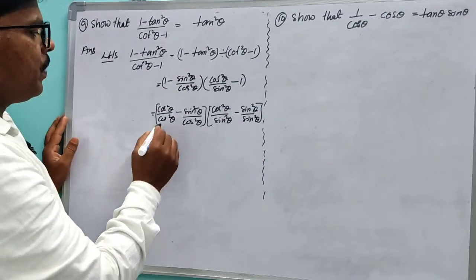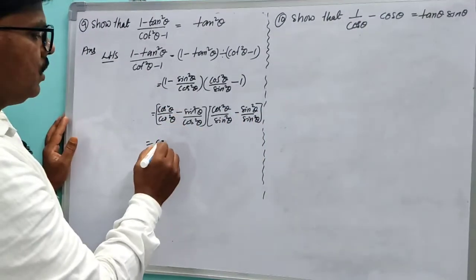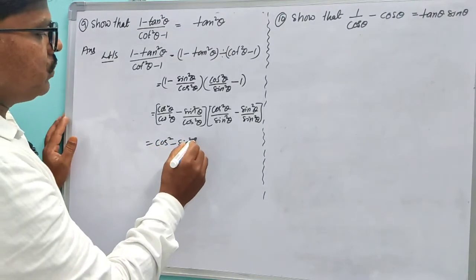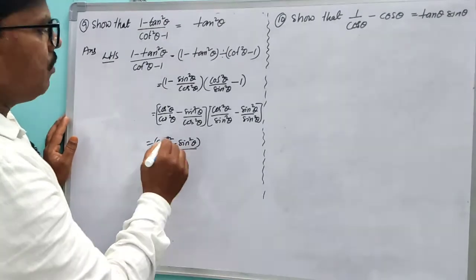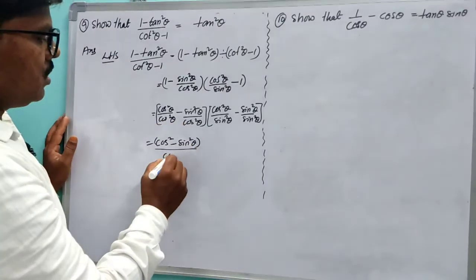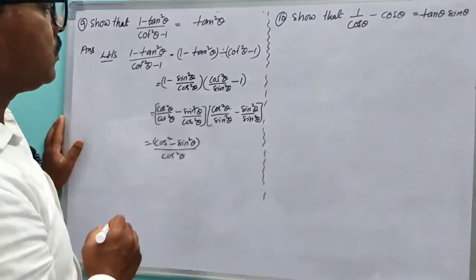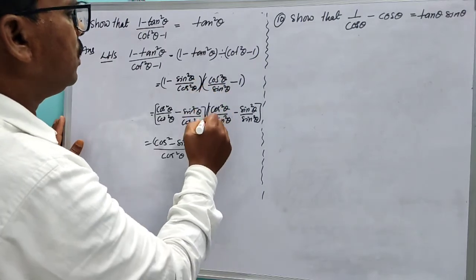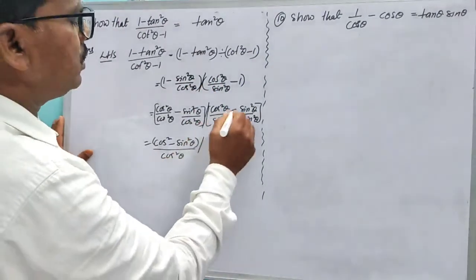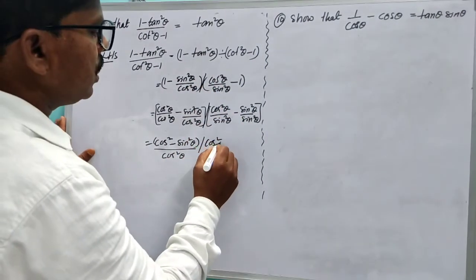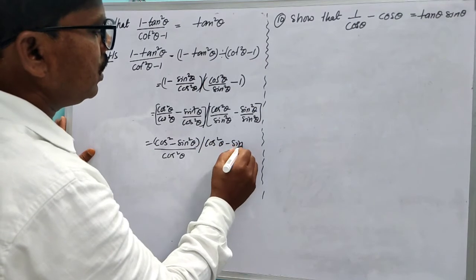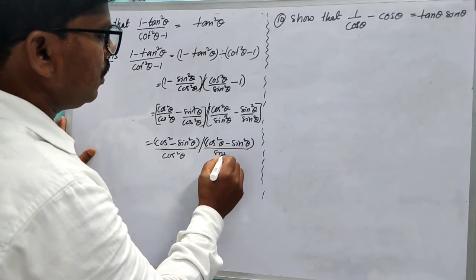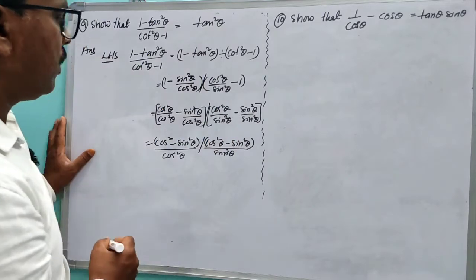So now we can write (cos square theta minus sin square theta) by cos square theta. Okay, so this is division, and similarly this is (cos square theta minus sin square theta) by sin square theta.